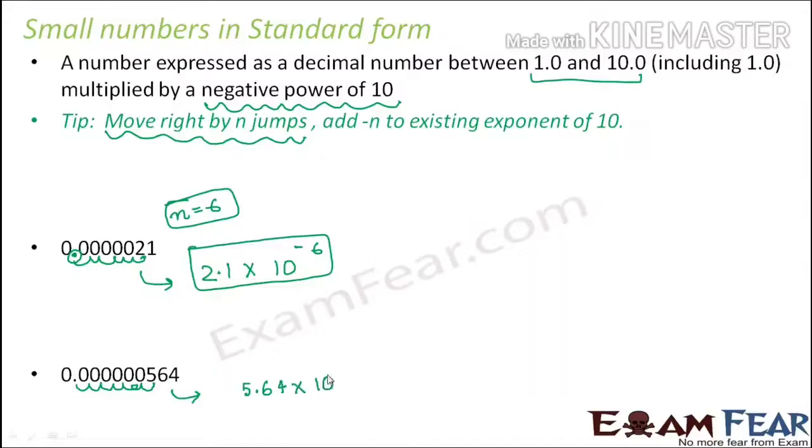And how many jumps have you taken? 1, 2, 3, 4, 5, 6, 7. So this would be minus 7. So 5.64 into 10 to the power minus 7. So with this you must be able to understand how we represent very, very small numbers in standard form and how negative exponents help us in representing very small numbers.